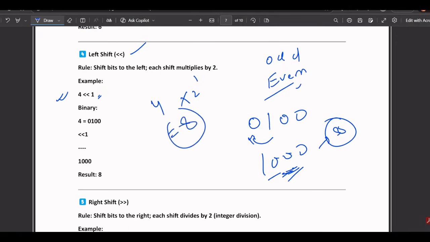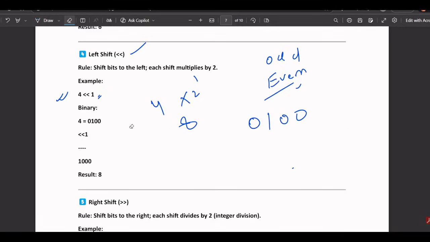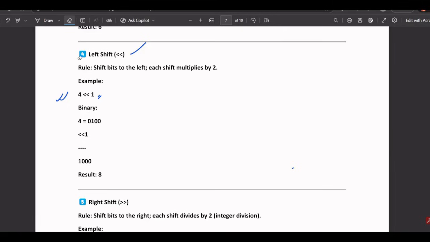Let's take another example. Suppose it is 5. Now try to understand, 5 is an odd number. So 5 will be 101. For every odd number, the last bit will be 1, because we are adding plus 1 in the odd.